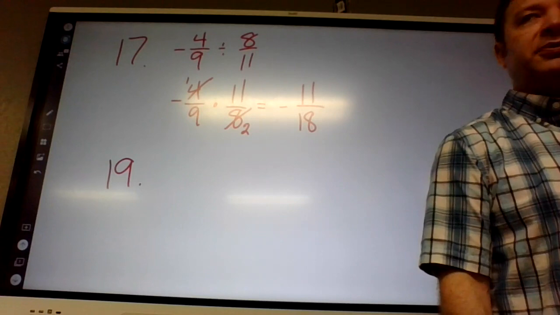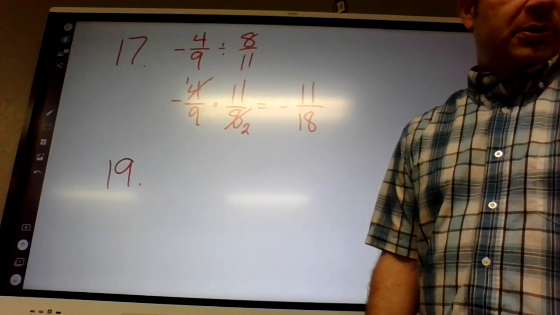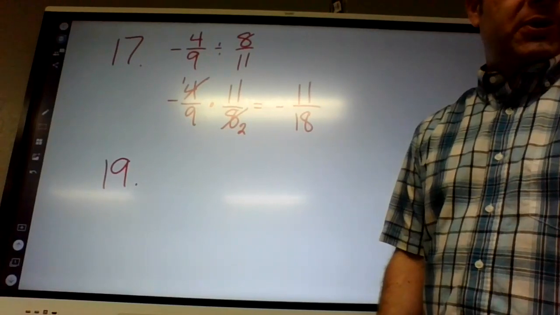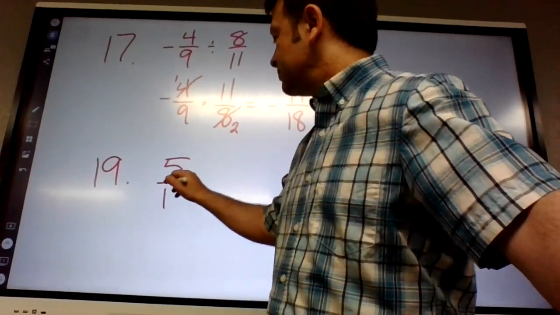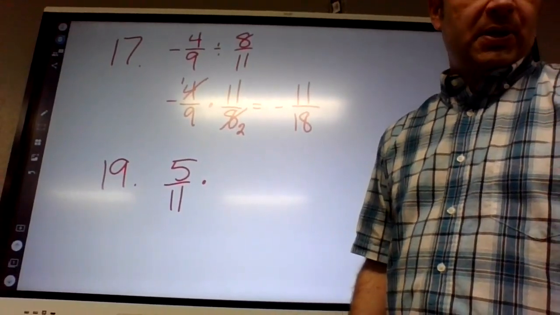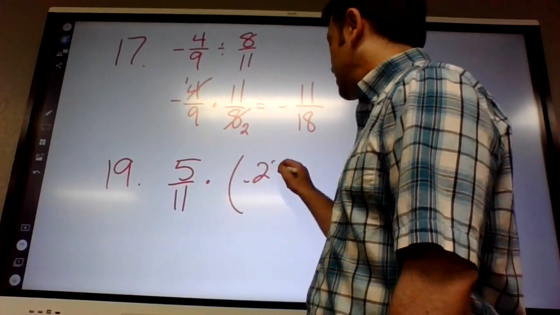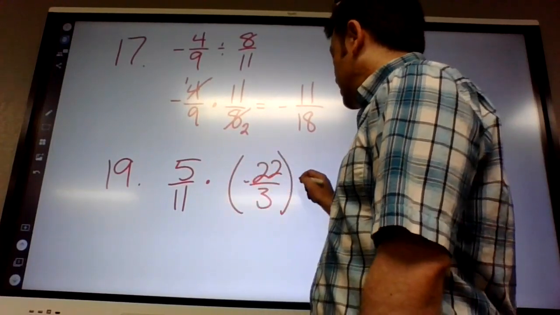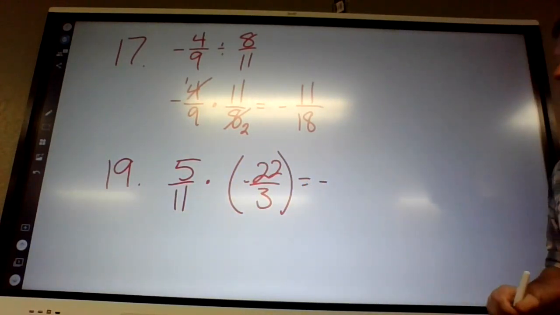Looks like one more of those. So, what can we do, anybody, what can we do on 19 first? What should we do first? Flip it. So it's going to be -22/3. Is my answer going to be positive or negative? Negative. So let's just throw that in there.